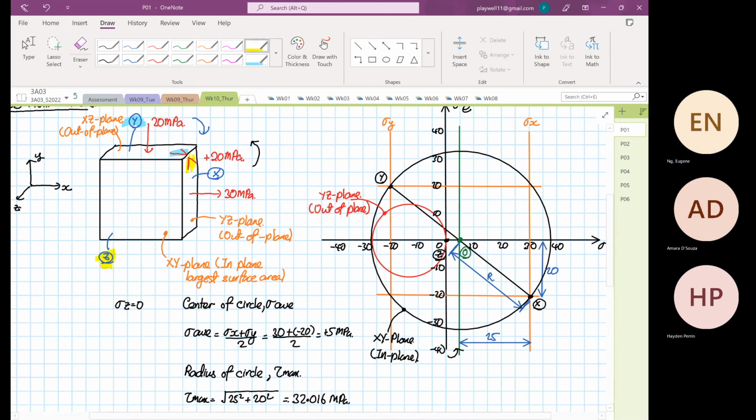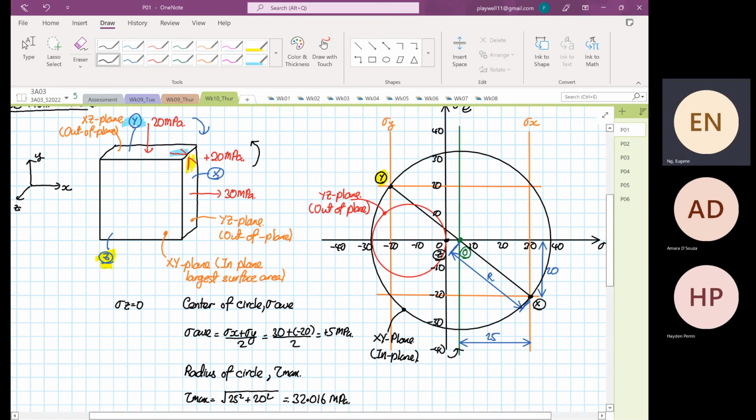Because point Y over here, to one of the principal stresses, which can be stress A or stress B, either one is fine, this angle over here is an acute angle, which is less than 90 degrees.